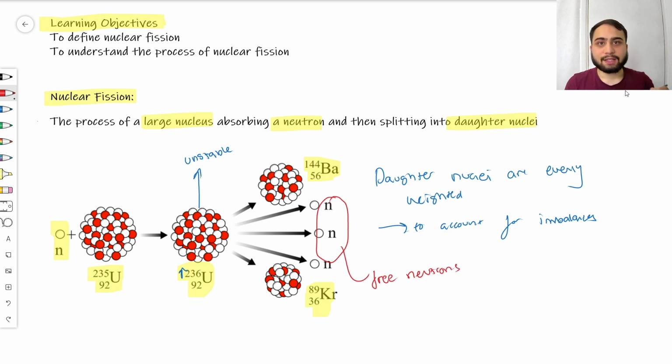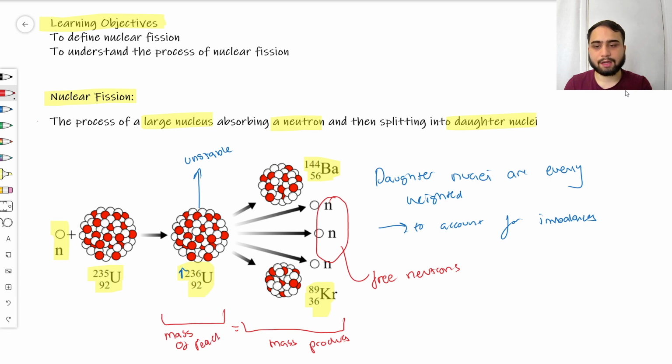Remember, the conservation of mass tells us that the mass of the products must equal the mass of the reactants. In this case, that's just the one uranium-236 nucleus as the mass of the reactant.